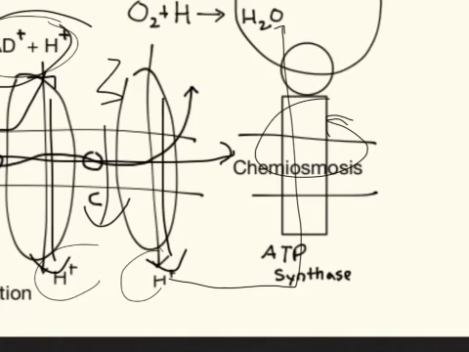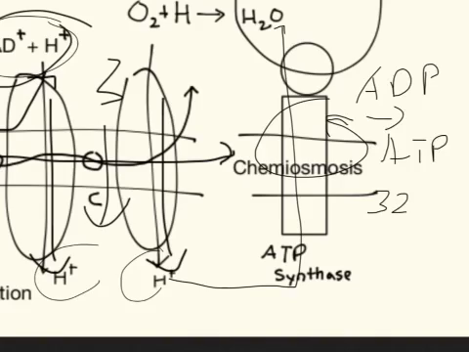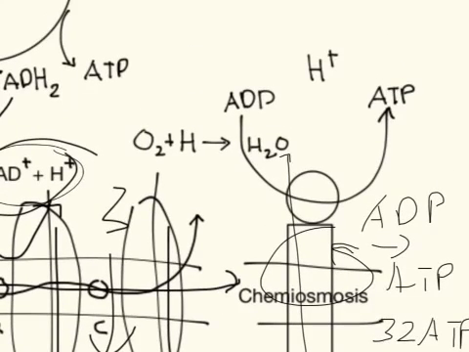Now this energy converts ADP to ATP. And to be exact, this creates 32 ATP. However, of course, it all varies, but this is a general number. Now, once this happens, the hydrogen atom goes through.